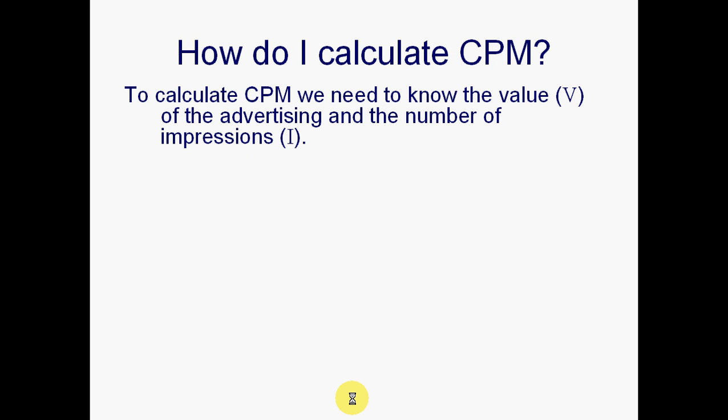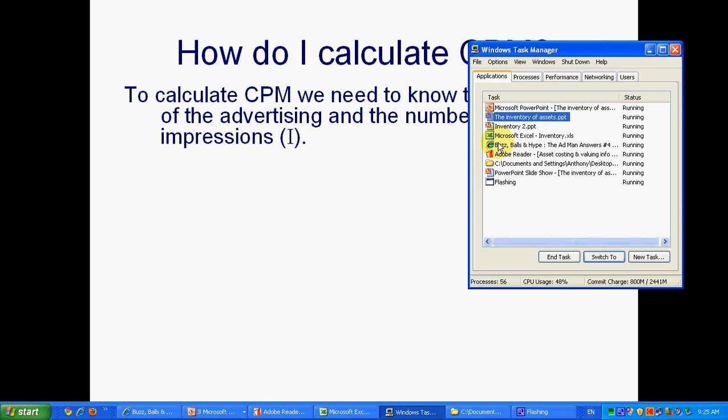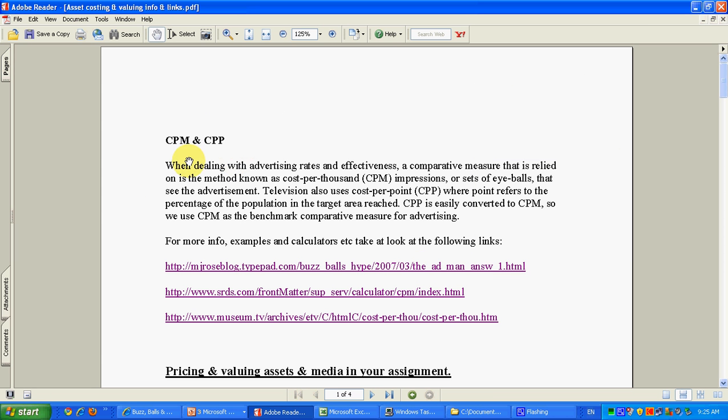So this CPM, okay, how do you calculate CPM? Now I'll just refer over to our background document that was put on the web for you. And this first section of the document just gives a really brief introduction to CPM.